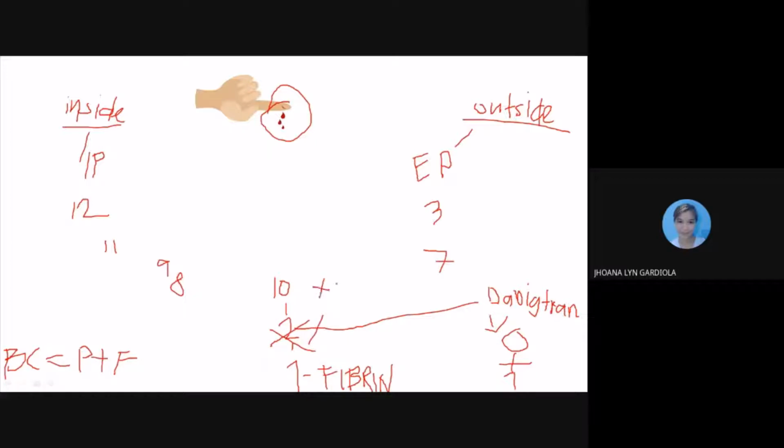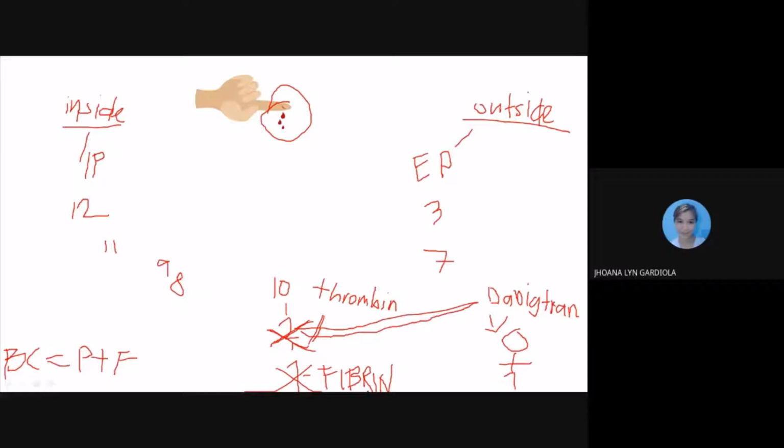Kasi sinabi natin kanina sa unang slide na anticoagulants will directly bind to the active site of thrombin. So factor 2 is what we call the thrombin. So the dabigatran will bind and it will block the factor 2. So pag na-block na yung factor 2, mabablock naman yung factor 1.